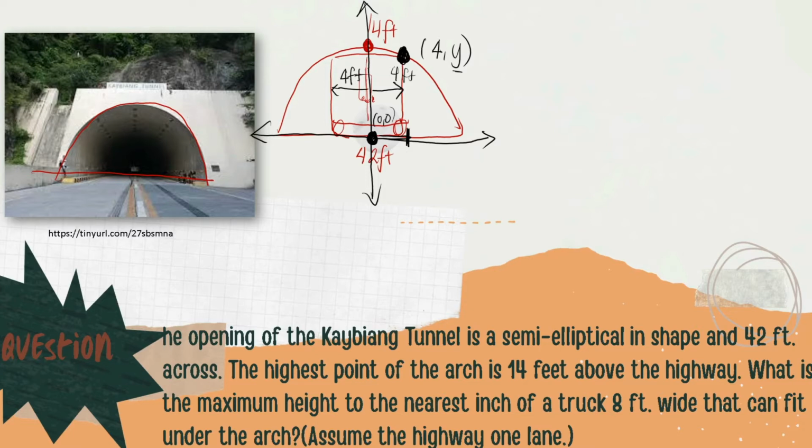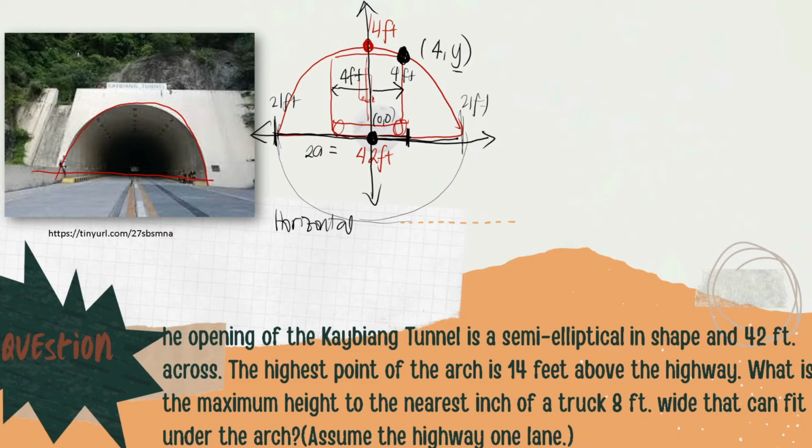If we form that, this is a horizontal ellipse. So it is horizontal. Now the 42 feet, half of 42 is 21, so that is 21 feet here, and also 21 feet here. Our 2a, the major axis, is 42.